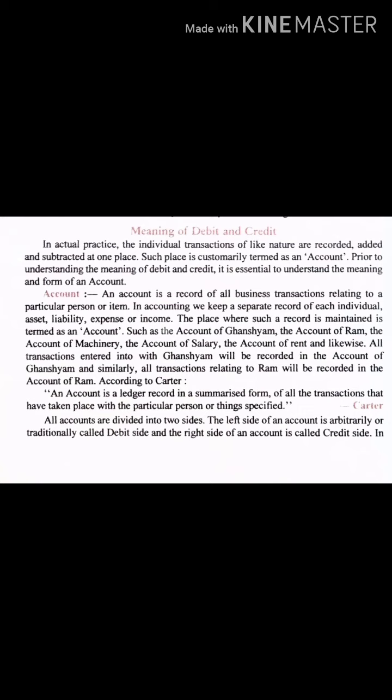Likewise, he will make accounts for whatever transactions he is doing. All transactions related to Ghanshyam will be recorded in the account of Ghanshyam, and similarly all transactions related to Ram will be recorded in the account of Ram.